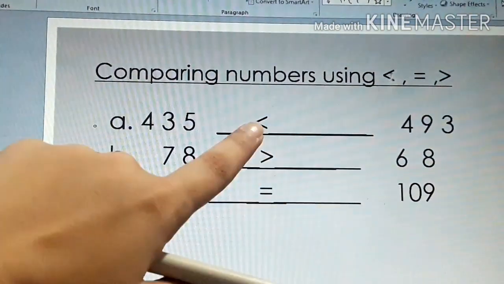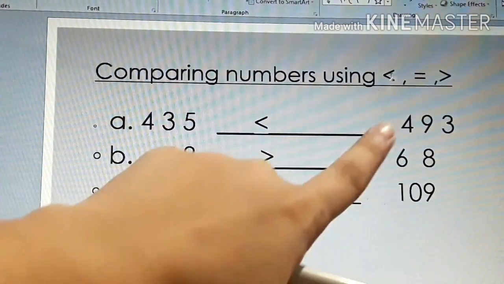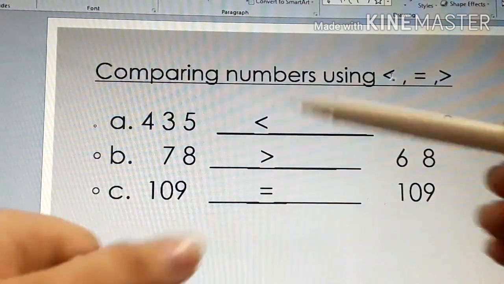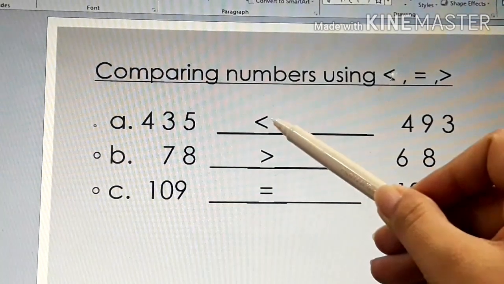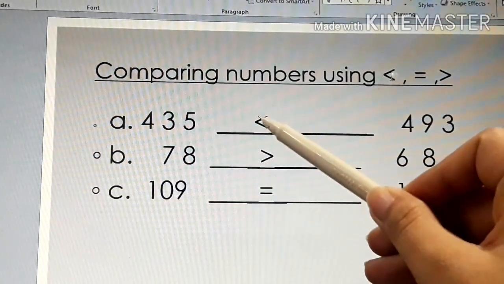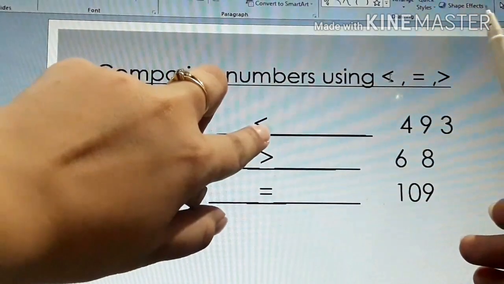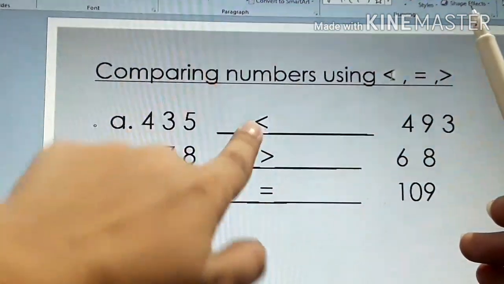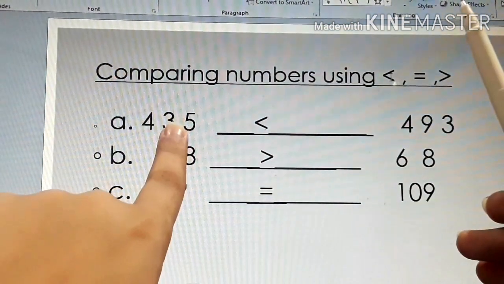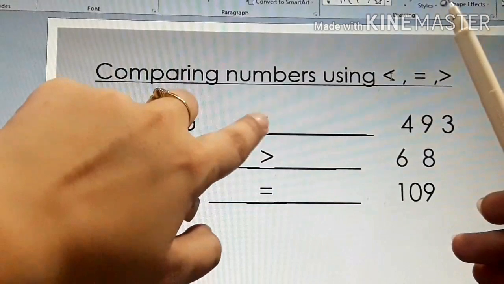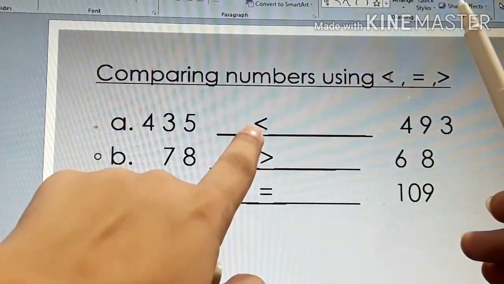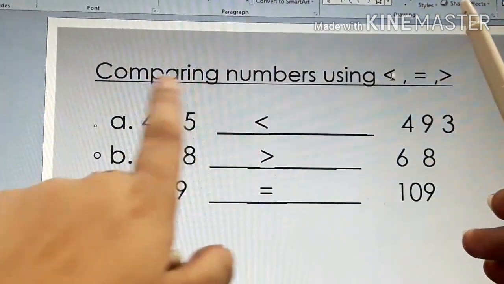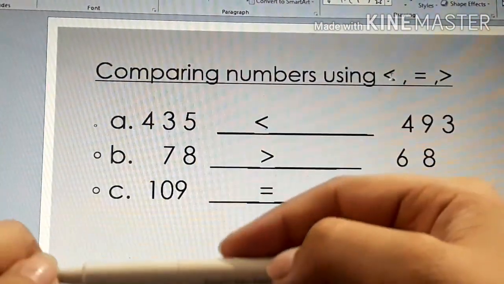So you know which one is the greater than sign and which is the less than sign. Now children, can you see this arrow? There are 2 points, isn't it? And there is 1 point. So 2 points shows greater than sign and 1 point shows smaller than sign. Is it clear? 2 points shows greater than sign and the 1 point shows your smaller than sign.